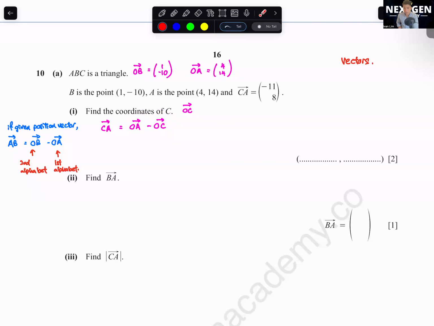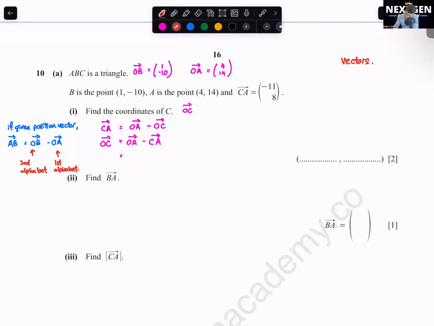Okay, CA equals to OA minus OC. When we have this, then we can rearrange to find what is OC. Okay, I want to bring OC as the subject. So OC is equals to OA minus CA. So what is OA?